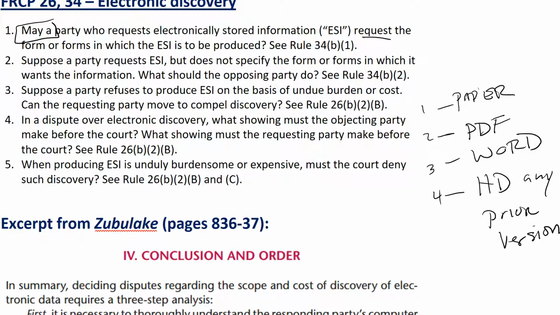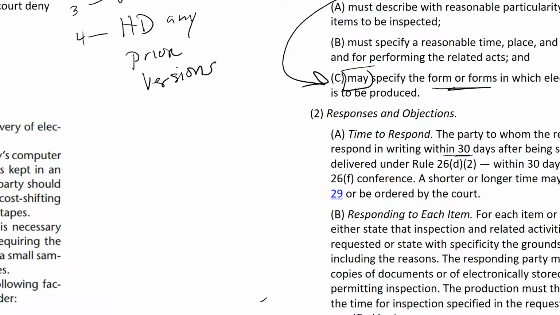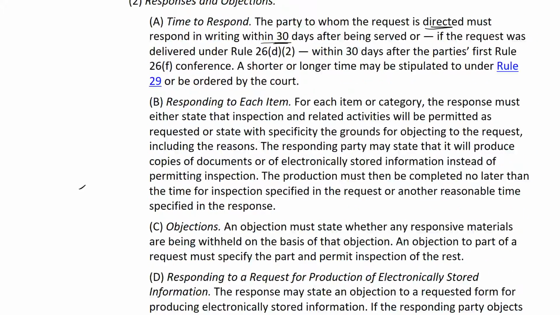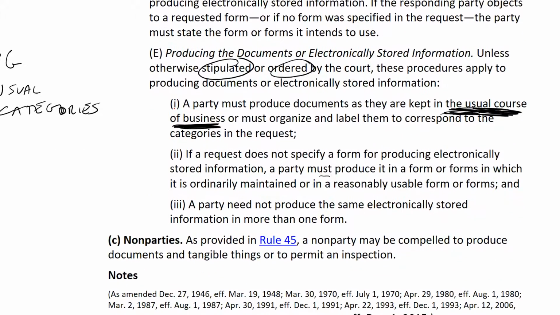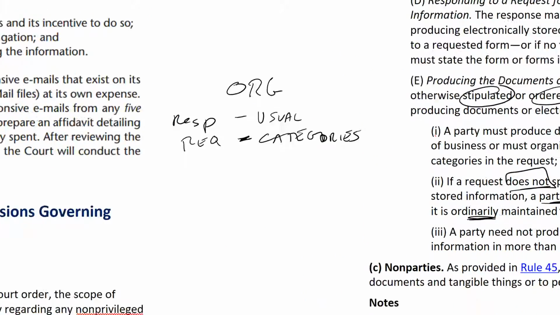Suppose a party requests ESI but does not specify the form or forms in which they want the information. What should the opposing party do? All right, it's covered under B2, a couple parts. If a request does not specify the form for producing ESI, then the responding party must produce it in a form or forms in which it's ordinarily maintained or in a reasonably usable form or forms, right?